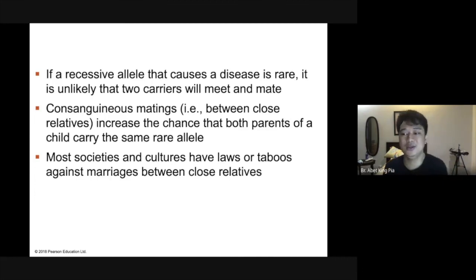So, yun yung explanation why mas better na yung magiging partner mo is someone na hindi part of your family. Explanation din nun, sa evolution-wise or sa preservation of the species, para mas malaki yung gene pool ng mga tao.